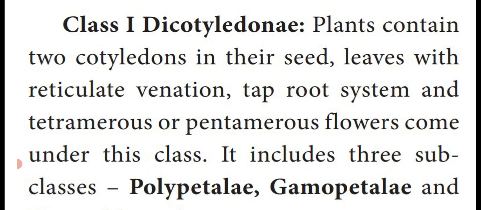Dear students, we have studied vegetative morphology and the different types of root system. One of them is the taproot system. At that time I told you the taproot system is a characteristic feature of dicot plants. So that's why the point is given here, taproot system.